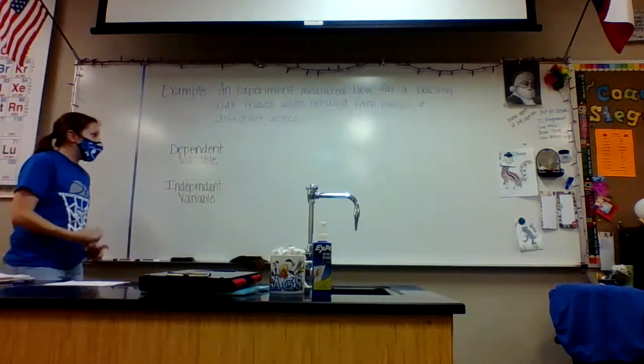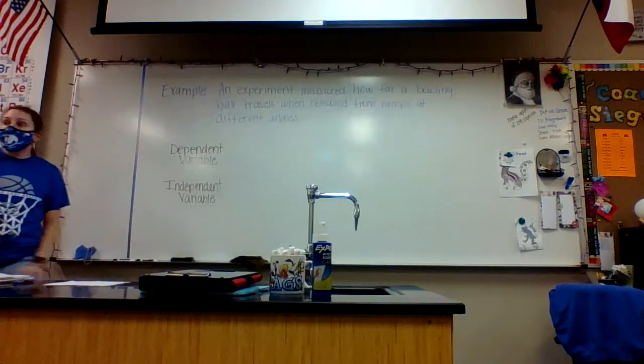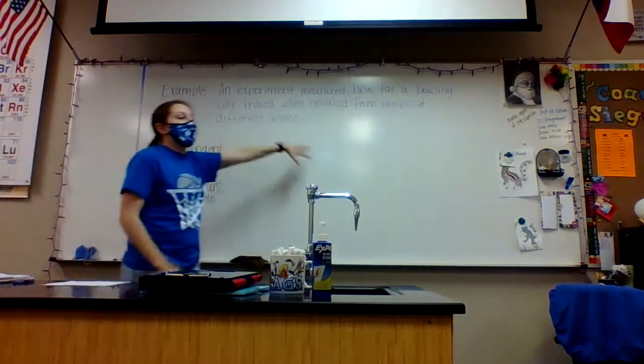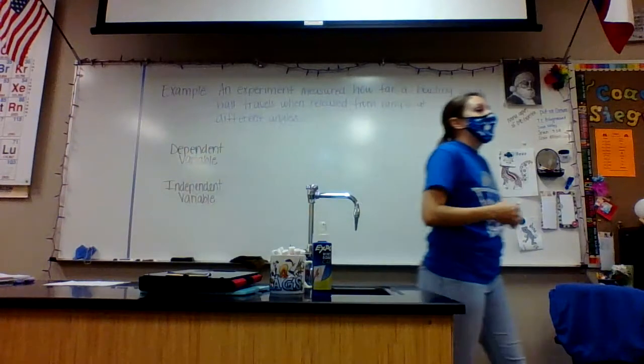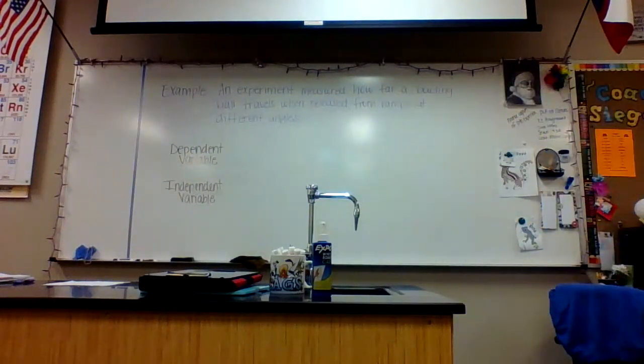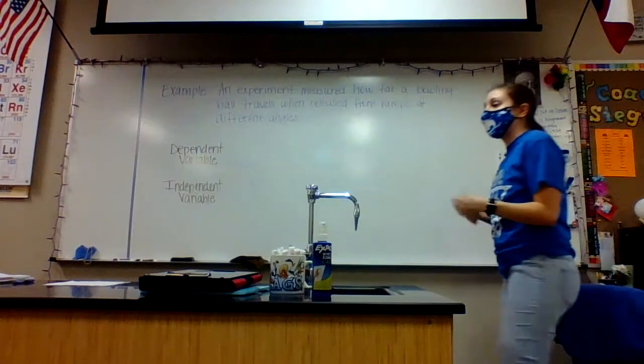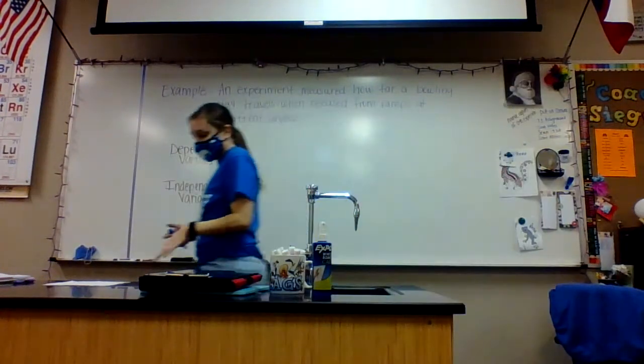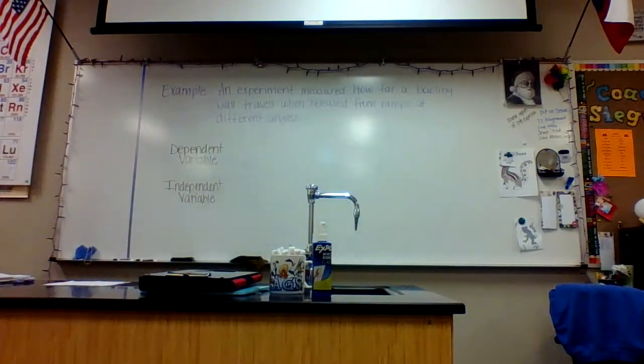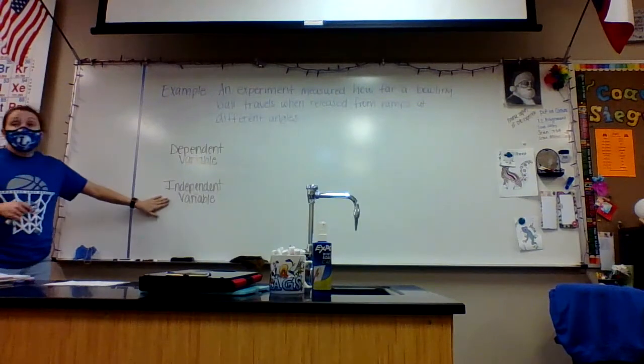So what we need to be able to do, looking at an experiment like this, is determine what part of that experiment would be considered the dependent variable and what part would be considered the independent variable. Now, what I'd like to do first is the independent variable first.